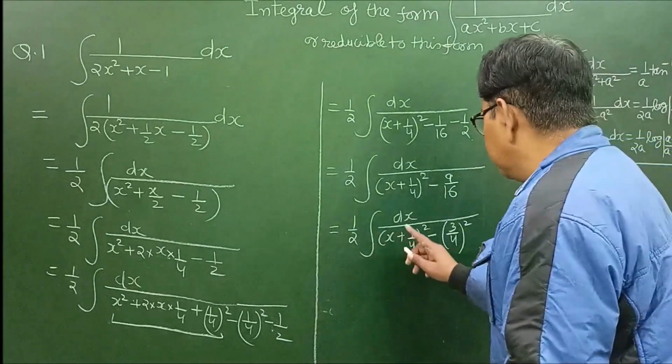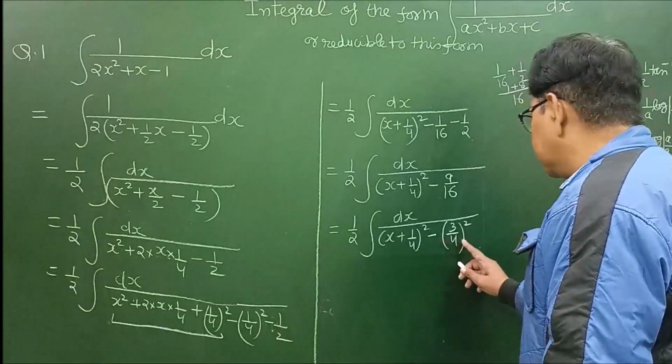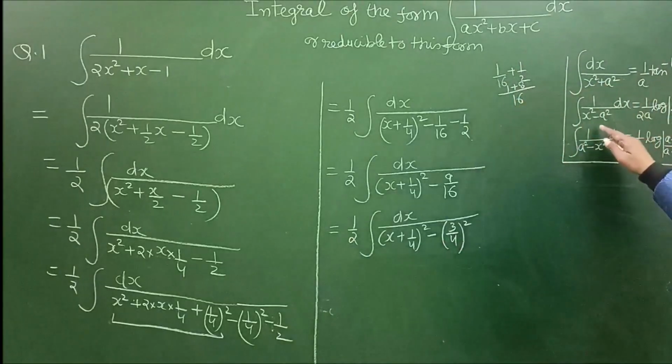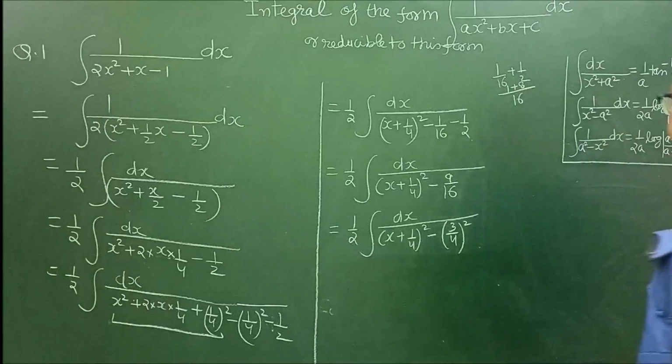Now 1 by 2 dx upon x plus 1 upon 4 square minus, this is in the form x square minus a square, which is equal to 1 upon 2a log mod x minus a upon x plus a.